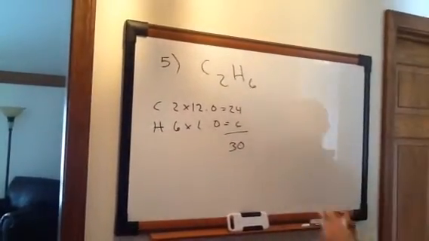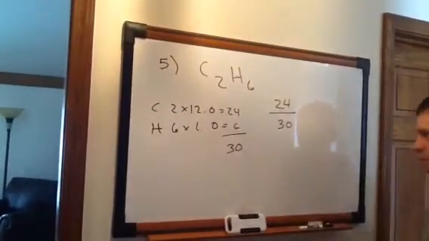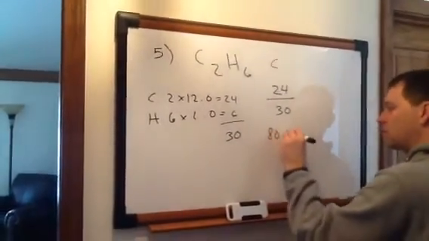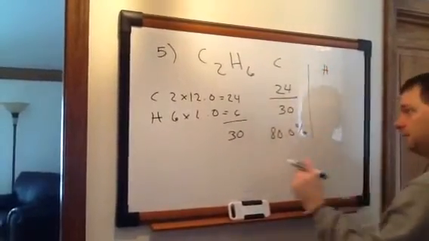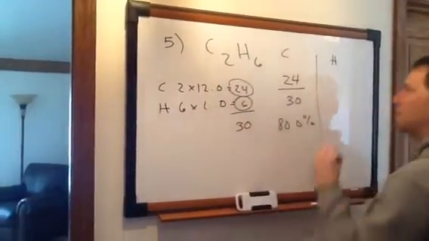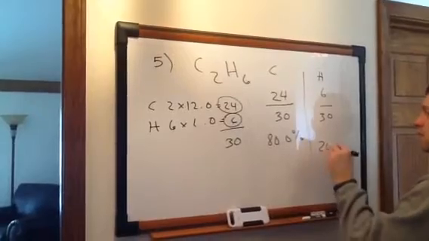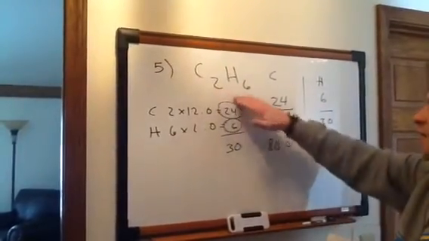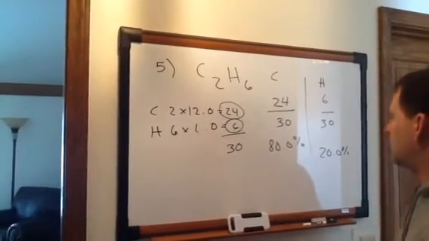To find the percent of carbon, we take 24 over 30. 24 divided by 30 will equal 80.0%. To find the percent of hydrogen, we will take 6 divided by 30. Remember to use these numbers here. 6 over 30. And of course, that's going to equal 20%. For these problems, there are no measured values, so there are no sig figs, but I like to go one place past the decimal to keep things consistent there.